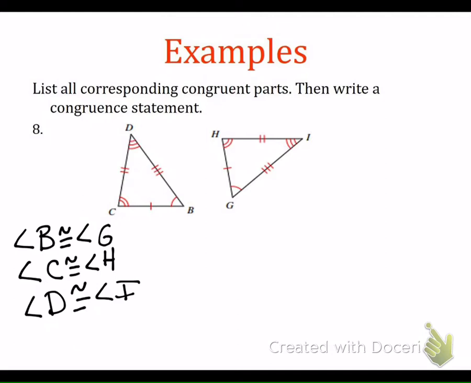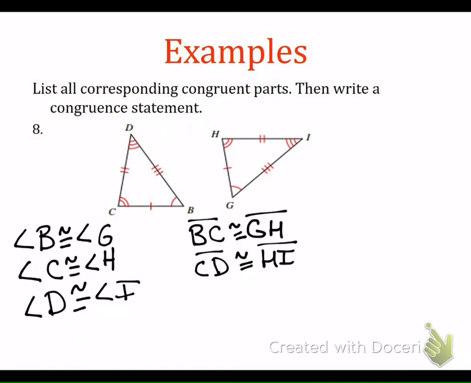All right, so now I'm going to do the sides. BC would be congruent to what? GH. Good. All right, then CD is congruent to HI.